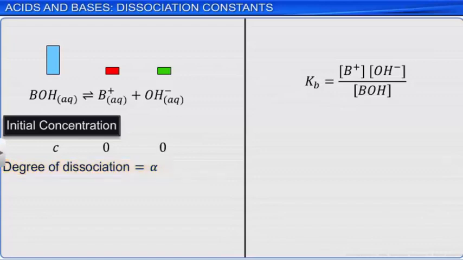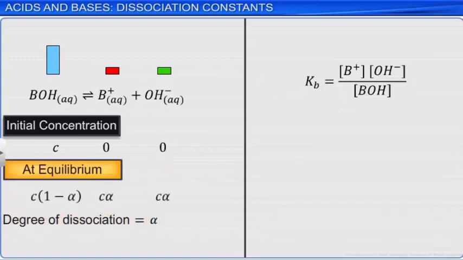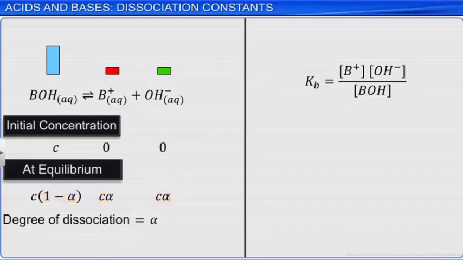At equilibrium, the number of moles of the reactants will be C times 1 minus alpha and of the products C alpha each. The dissociation constant Kb for this dissociation equilibrium can be written as Kb is equal to the product of concentration of OH minus and B plus ions divided by concentration of BOH.